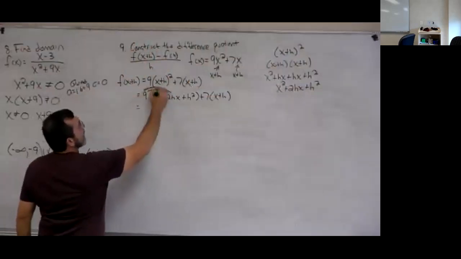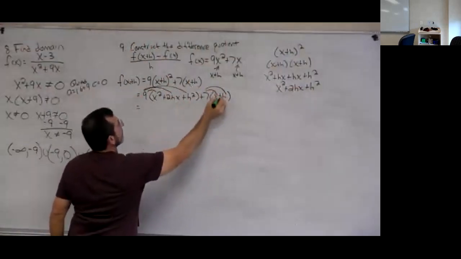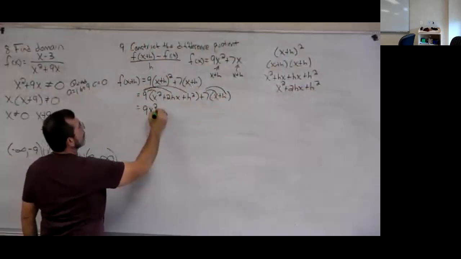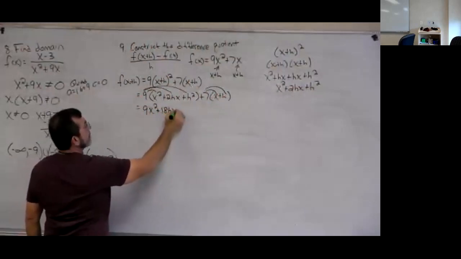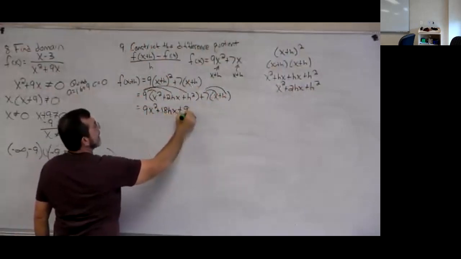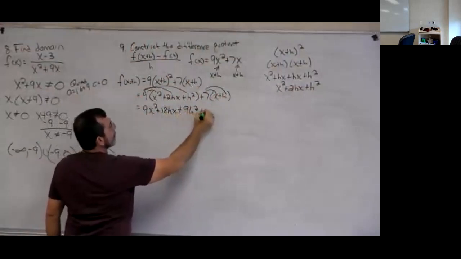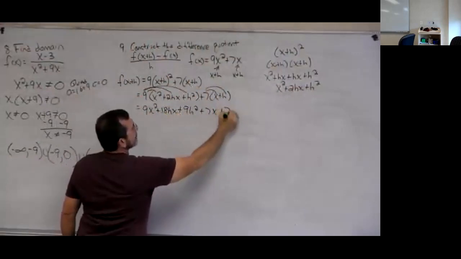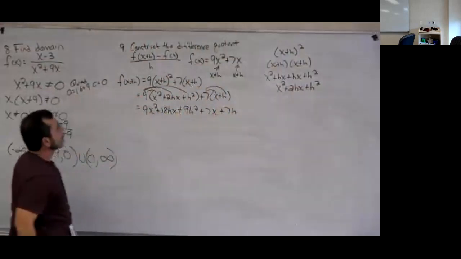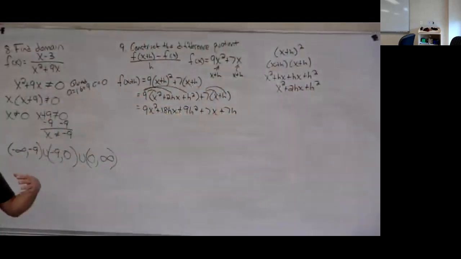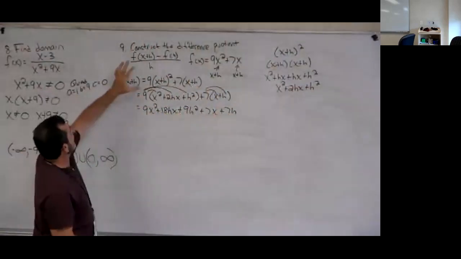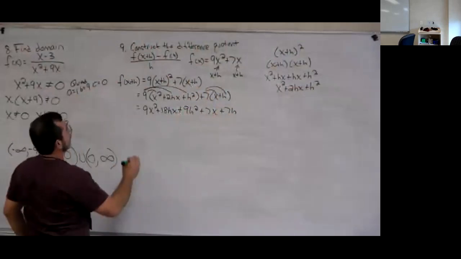So distribute a 9, and then distribute your 7. So 9x squared plus 18hx plus 9h squared plus 7x plus 7h. Y'all guess what? None of those are like terms. So now let's put that into our formula.